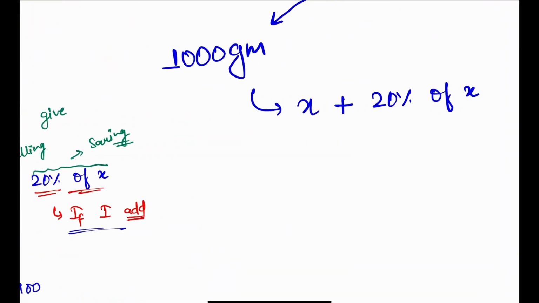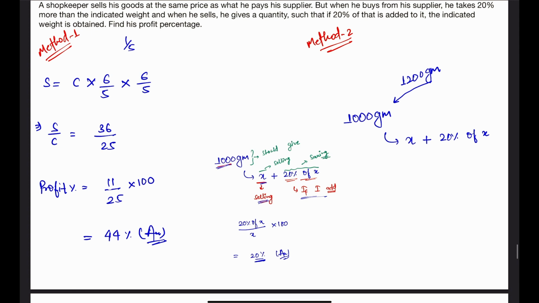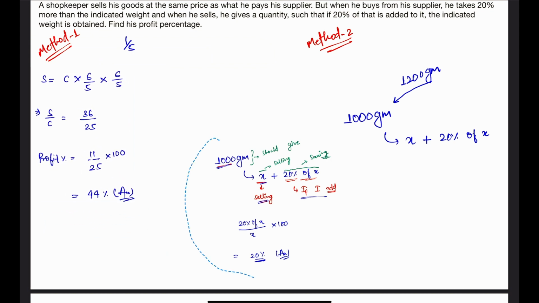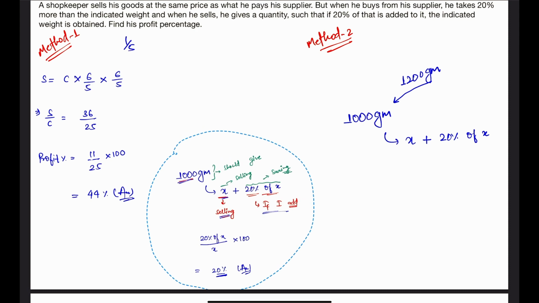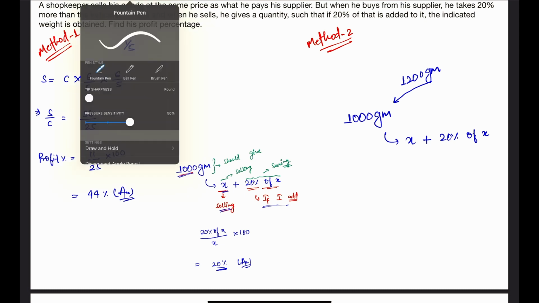Now let's try to solve with method 2, because I know that method 2 is also important. Let me just minimize it a little bit. Yeah, and this is the core concept. Let me keep it here.